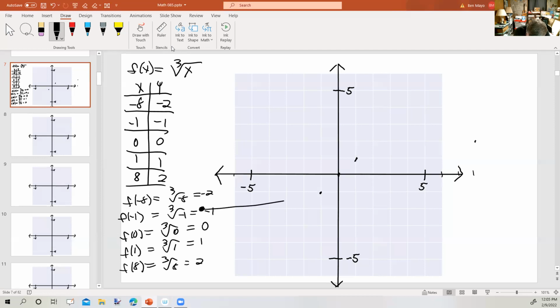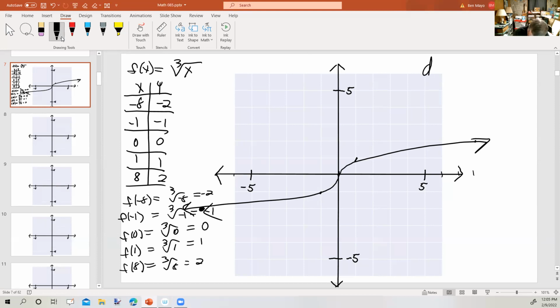What we get is a picture that looks like that. Erase the whole thing. Okay, so that's a cube root.